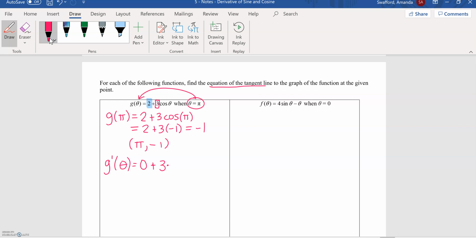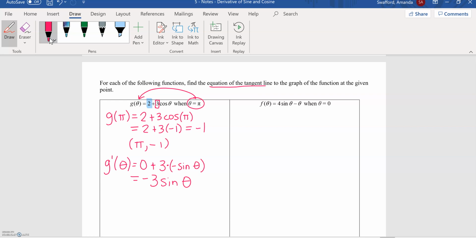And we learned just a second ago that the derivative of cosine is negative sine. Now, be careful. I put that in parentheses if you're going to write it the way I did because we don't want it to look like we're subtracting sine theta. It's being multiplied by negative sine theta. So our final answer here is -3 sine theta.